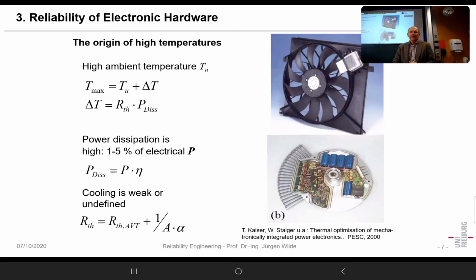Okay, another thing which shows us that it is important to take into account temperatures from two sources is this here. In former times, the fan of the car was driven mechanically, and it was running all the time.